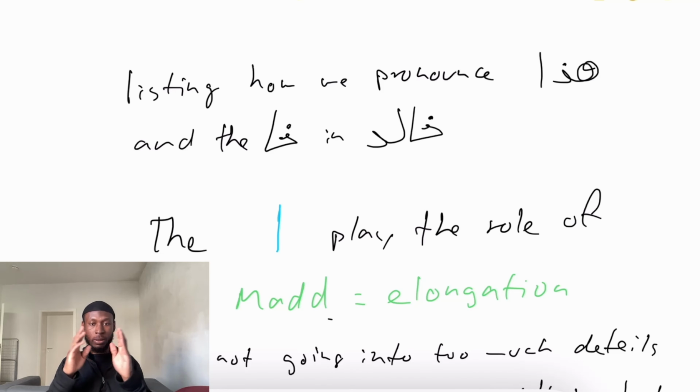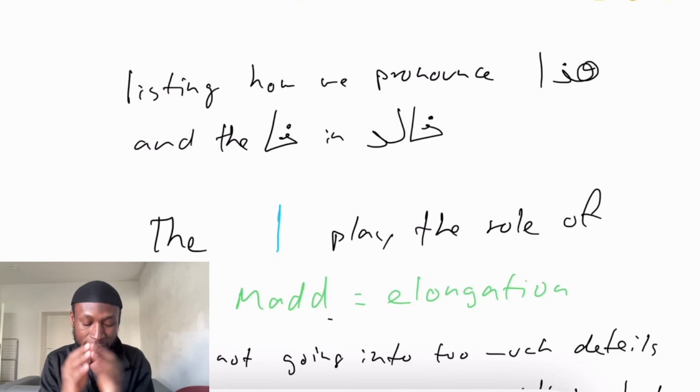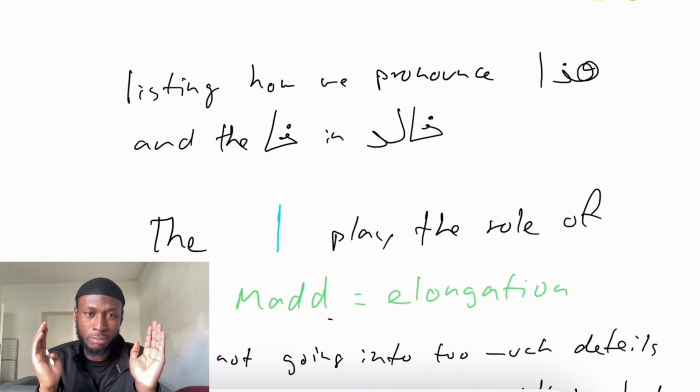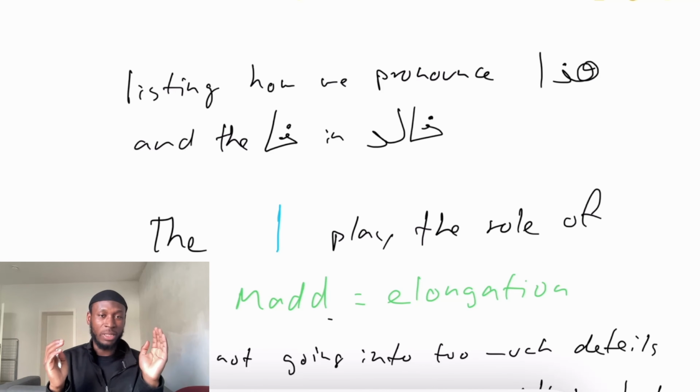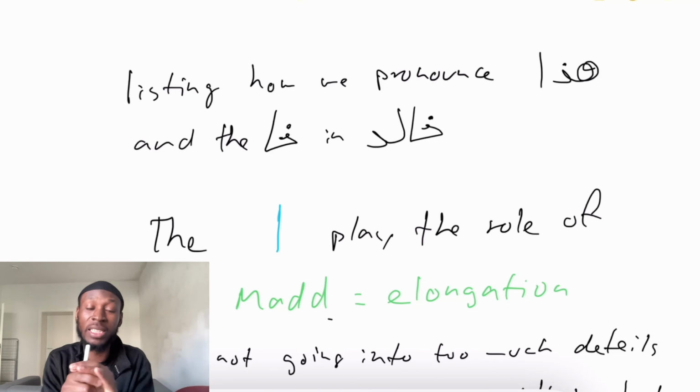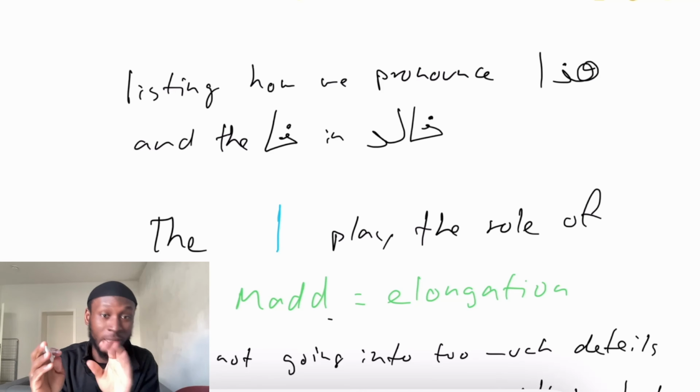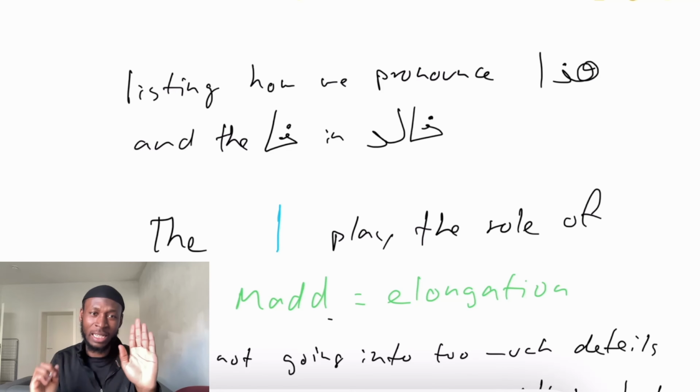But for the three of them, they have one request in common: before the letter of mud, I shouldn't have any hamza or sukoon before or after me. We say, do you agree? We say, yeah, we agree. Let's sign a contract. Before you sign, there's another agreement.